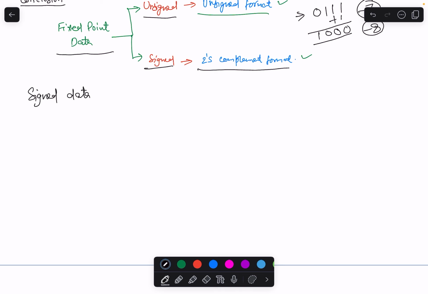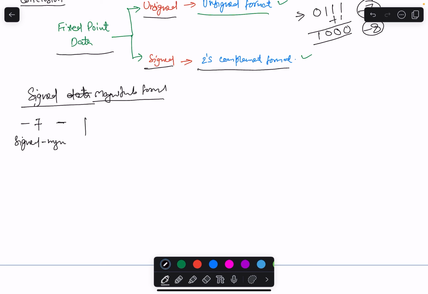We will first talk about the signed data format. Suppose we have this number -7, right? And it is given that the format is sign magnitude format. If the number is given and the format is given, then they are asking us to find the binary representation, right?